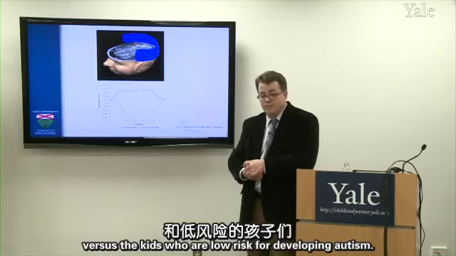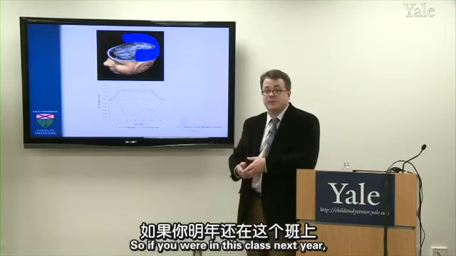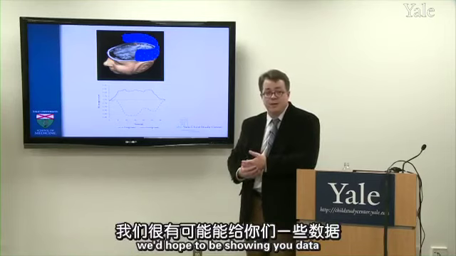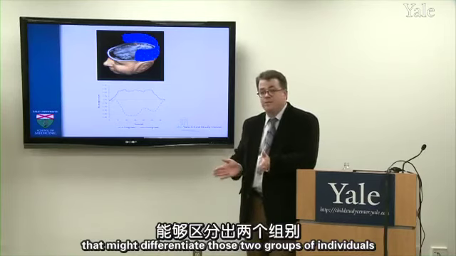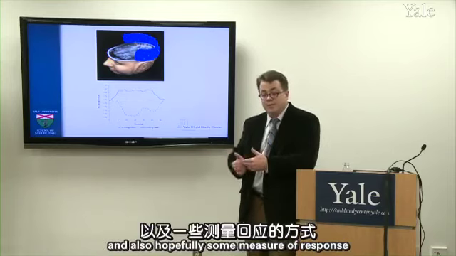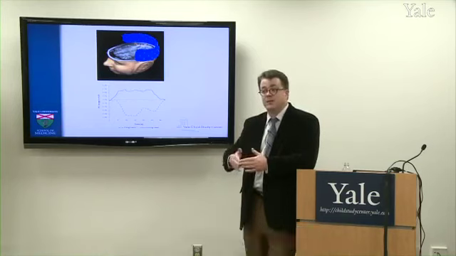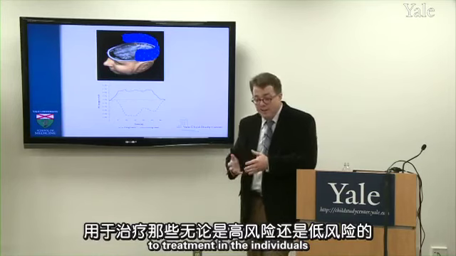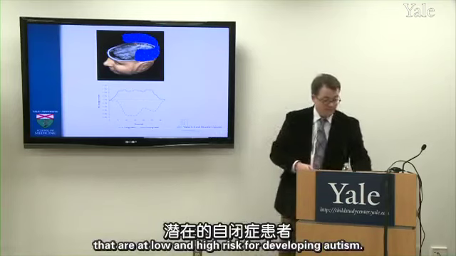So if you were in this class next year, I would hope to be showing you data that might differentiate those two groups of individuals and therefore give us some measure of prediction and also hopefully some measure of response to treatment in the individuals that are at low and high risk for developing autism.